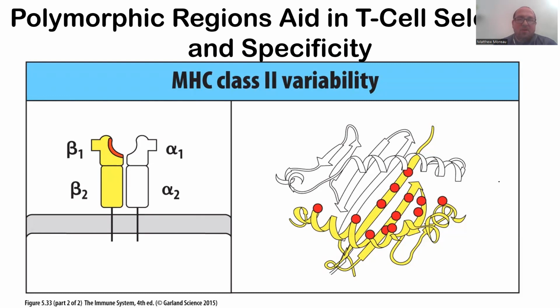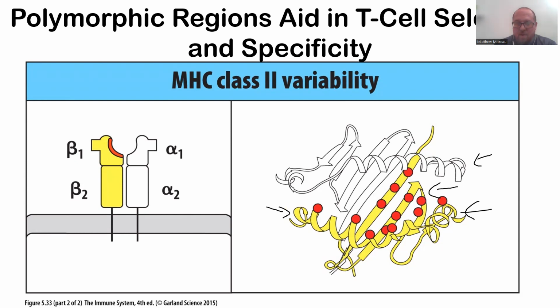So MHC class 2 has a much smaller placement of variability in its ability to bind different amino acids, but has a very similar structure to MHC class 1, in that in the variable region we have 2 alpha helices that sandwich between anti-parallel beta pleated sheets, but now it's on the beta subunit.